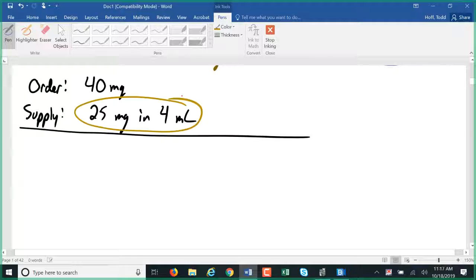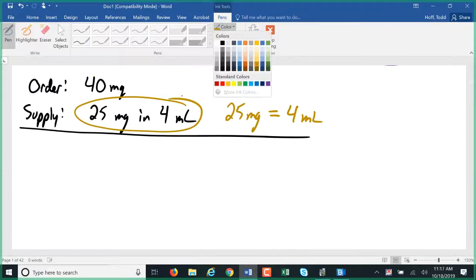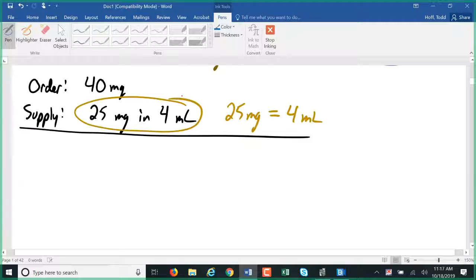The supply here, the 25 milligrams and 4 milliliters, is again giving us an equivalency. It's saying 25 milligrams is equivalent to 4 milliliters. We're going to use that as a conversion factor. So we start out with the doctor's order, 400 milligrams. We put that over 1 to make it a fraction.